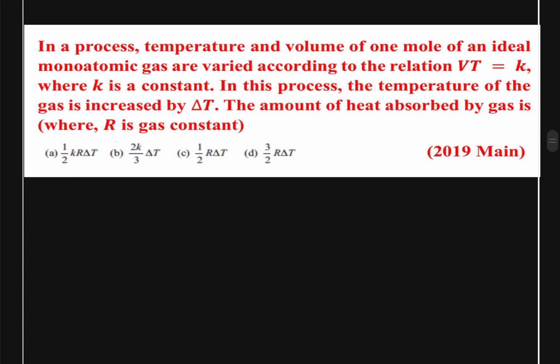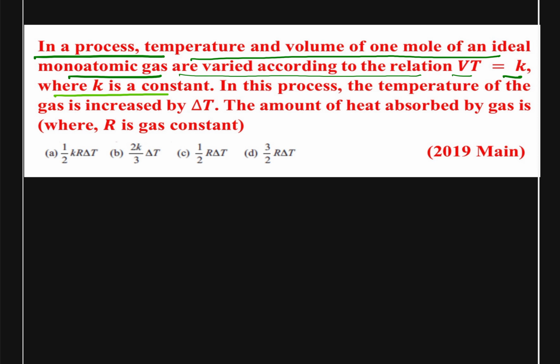It states that in a process, temperature and volume of 1 mole of an ideal monatomic gas are varied according to the relation VT is equal to K, where K is a constant. In this process, the temperature of the gas is increased by delta T. The amount of heat absorbed by the gas is, where R is the gas constant.